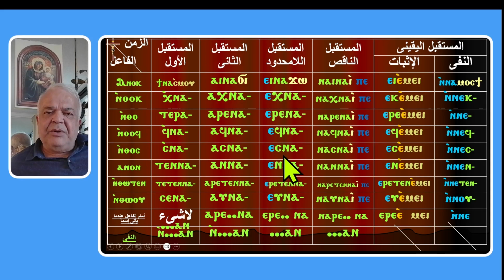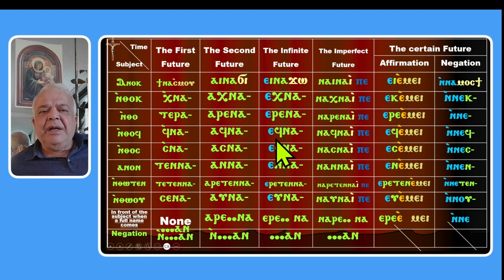Let's continue now. This is the list of the future tenses. We discussed already the first future, the second future, the infinite future, and today we'll discuss the imperfect future. Why do they call it imperfect?